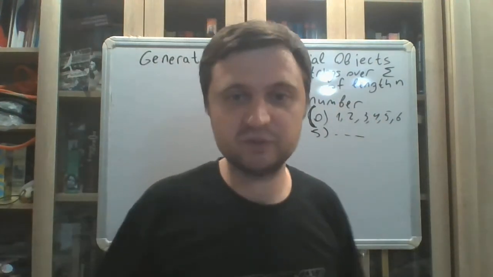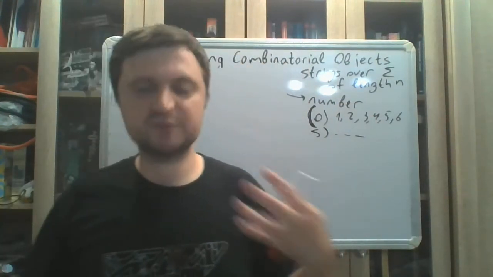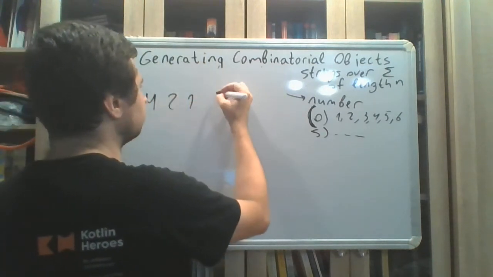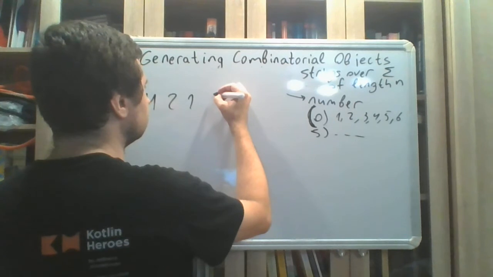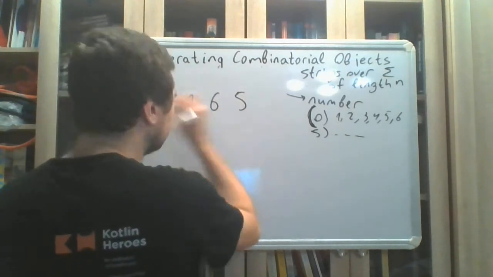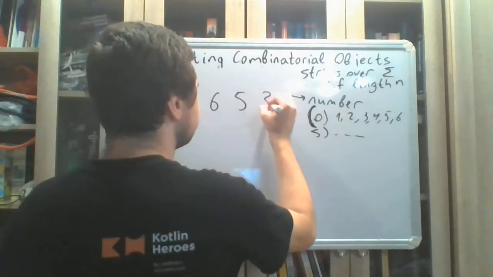But for the ending of this lecture, let's find the next permutation. So like 6 2 1 5 4 1 6 5 3.